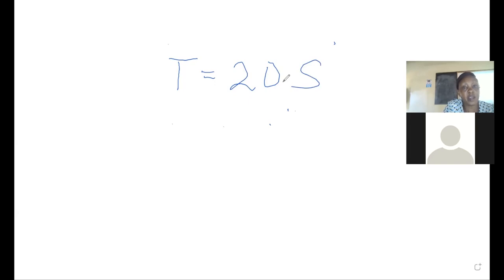Let's say a student, instead of getting 20, assumes the period was 10, so uses T as 10 instead of 20.